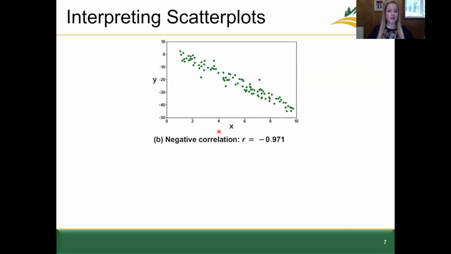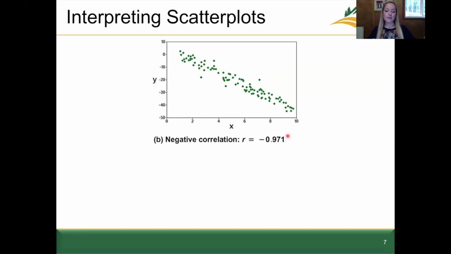So that's by visual inspection. Then by our linear correlation coefficient, or R, we can also tell that we have a negative correlation because this value is negative. Now on the other end, the minimum value that R can be is a -1. So this is a fairly strong negative correlation because this value is pretty close to -1.